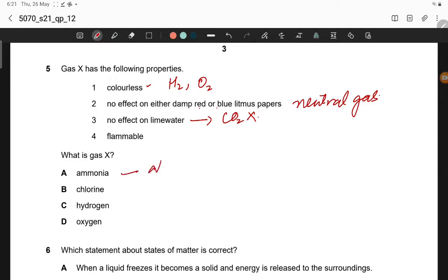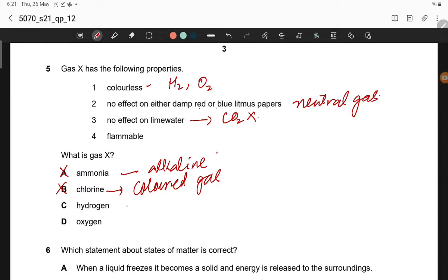Ammonia is an alkaline gas, so it is incorrect. Chlorine is a colored gas, so it is also incorrect.